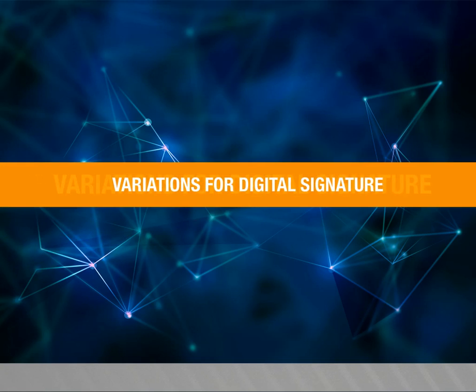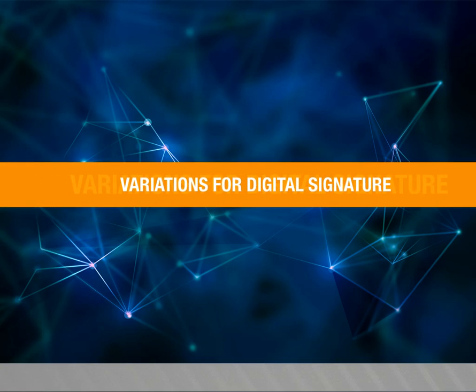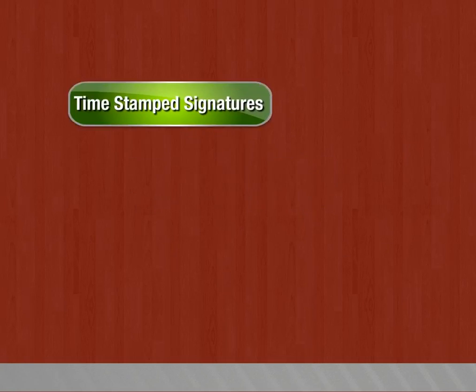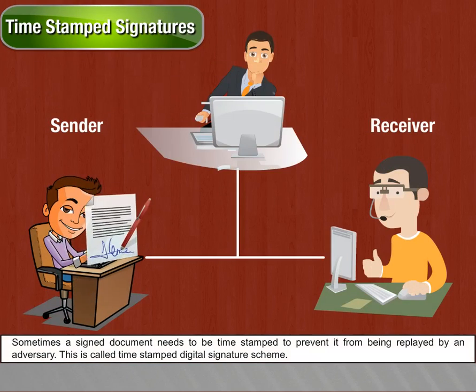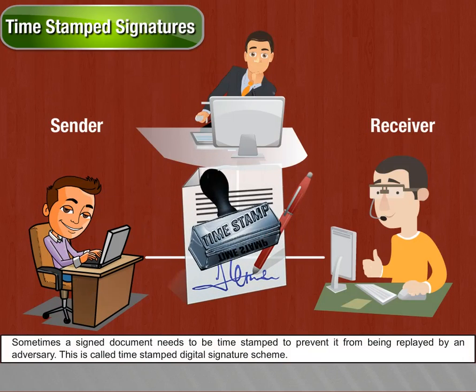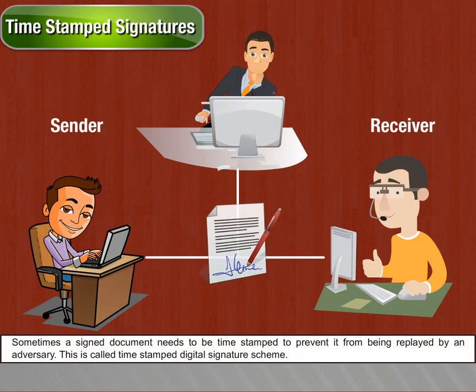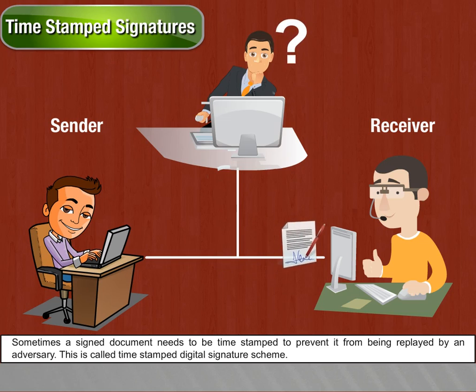Variations for digital signature. In this video, we are going to learn about variations for digital signature. Time-stamped signatures. Sometimes a signed document needs to be time-stamped to prevent it from being replayed by an adversary. This is called time-stamped digital signature scheme.